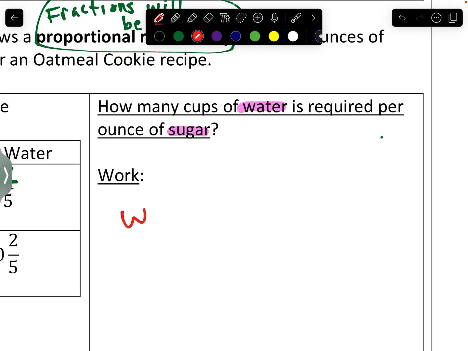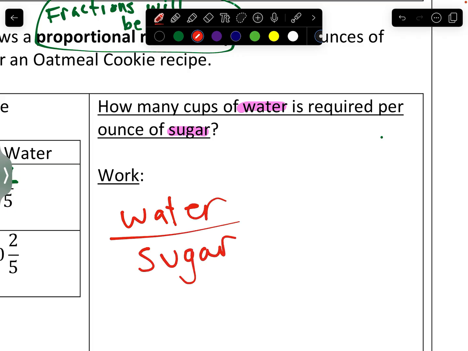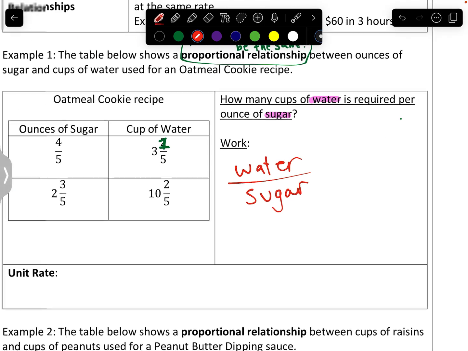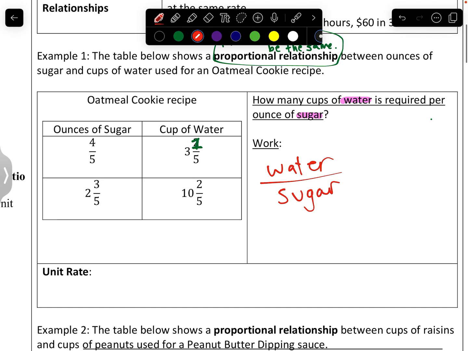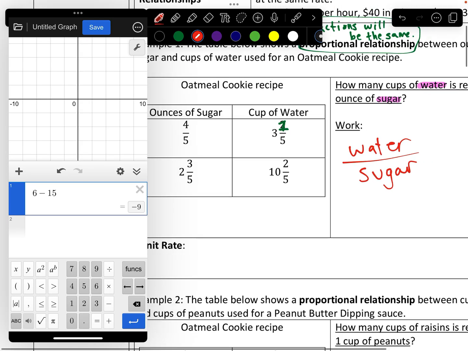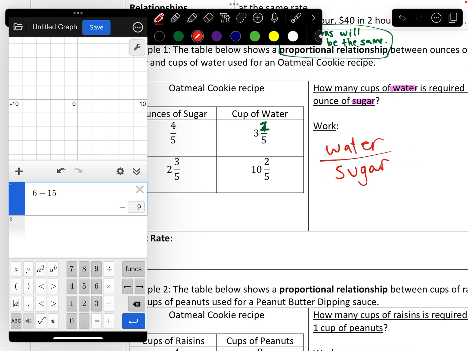Well, we know it's water, and then we also know it's sugar. Water came first, we put that one on top. Sugar second, put it on the bottom. Now, when we get to this point, let's make these fractions into decimals. It's just going to make things easier.